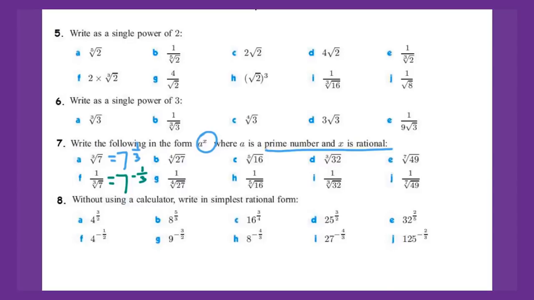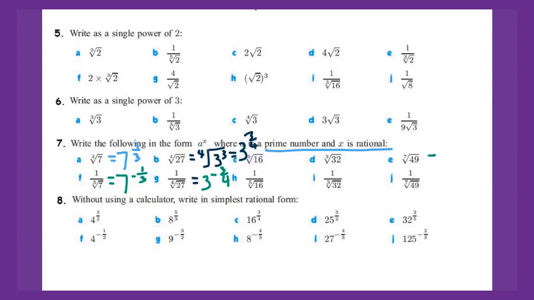For the b part, I can write down 4th root of 3 cubed, means 3 to the 3 over 4th power. Therefore, for the g, I can write down 3 to the negative 3 over 4th power.